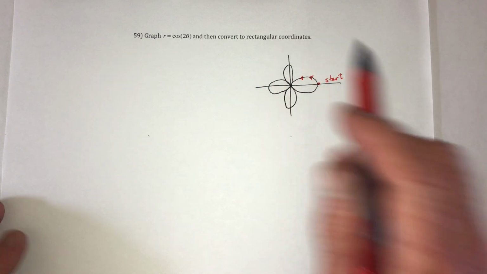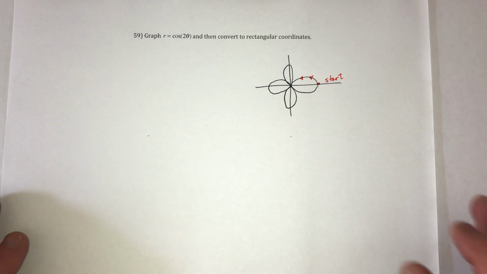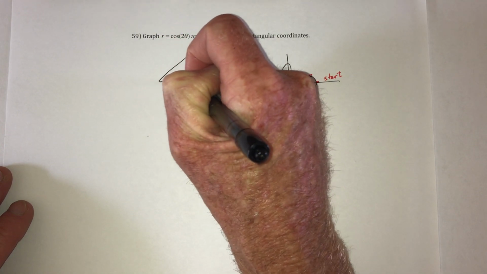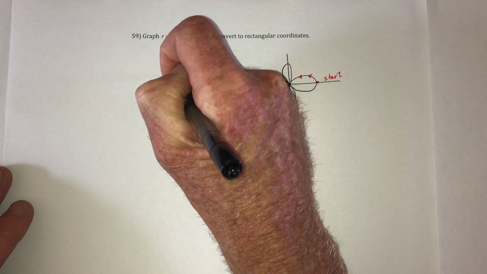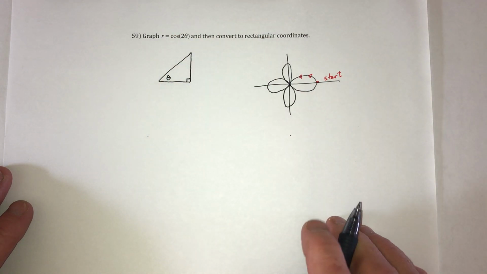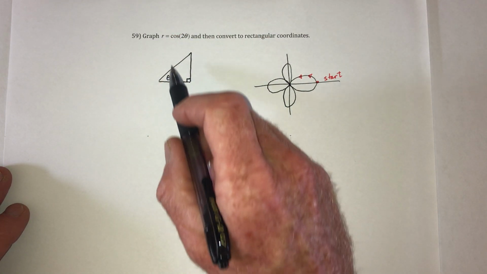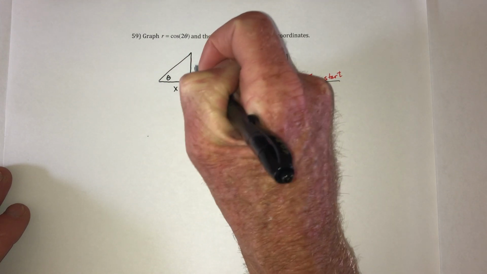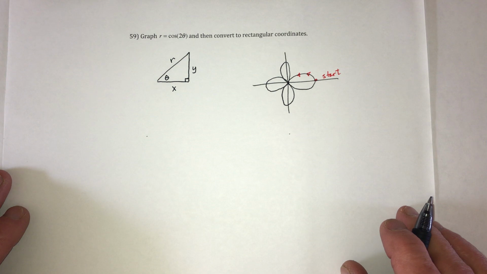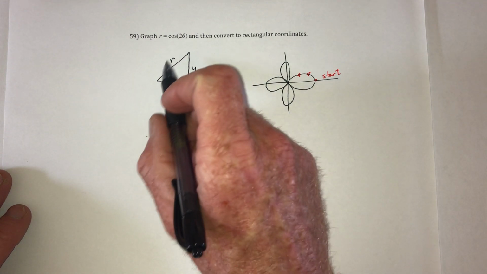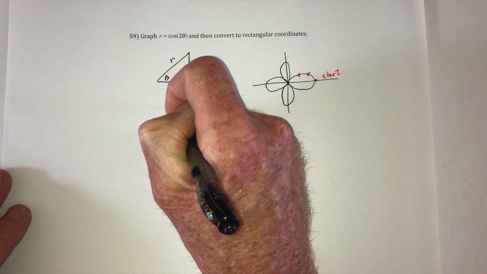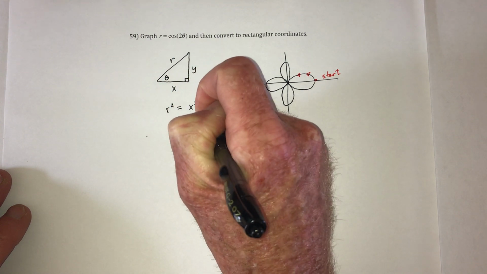Now convert to rectangular coordinates. So this basically goes back to the basic definitions of sine, cosine, and tangent. Except instead of me using opposite, adjacent, and hypotenuse, I'm going to use the letters x, y, and r. Now some equations that I could come up with are, for example, the Pythagorean Theorem. r squared equals x squared plus y squared.